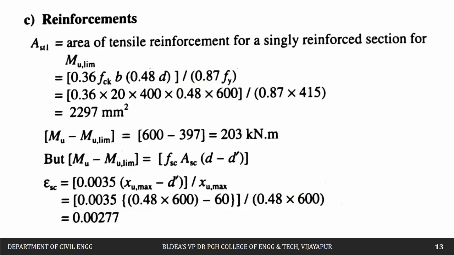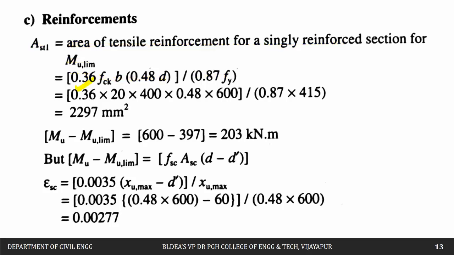Then next we'll calculate AST1, that is the area of tensile steel reinforcement for a singly reinforced section, for the limiting moment. We have the formula 0.36 FCK into B into 0.48 D divided by 0.87 FY.